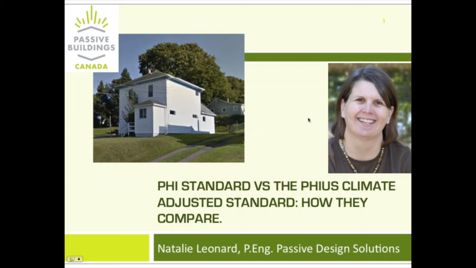If PHIUS reduces the PE value down to, what is it, 4,800 kilowatt hours per person per year, do you think you would reach it? No. That's going to be really challenging. Yes, that's going to require PV, and it's going to really affect the cost-effectiveness of some of our projects.